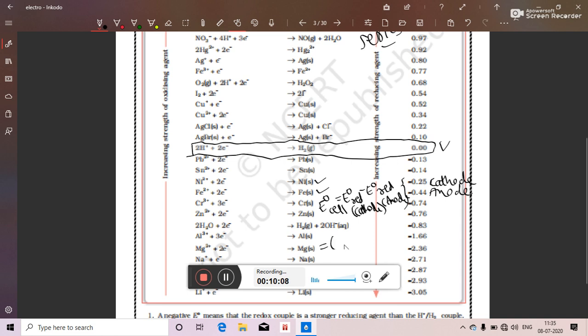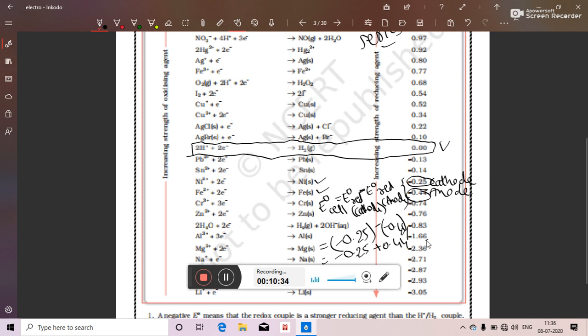minus the standard reduction potential of anode. So the standard reduction potential of cathode, that is nickel, is minus 0.25 volt. So minus 0.25, then minus, the standard reduction potential of anode, which is minus 0.44. So that is equal to minus 0.25 and minus minus will be plus 0.44.